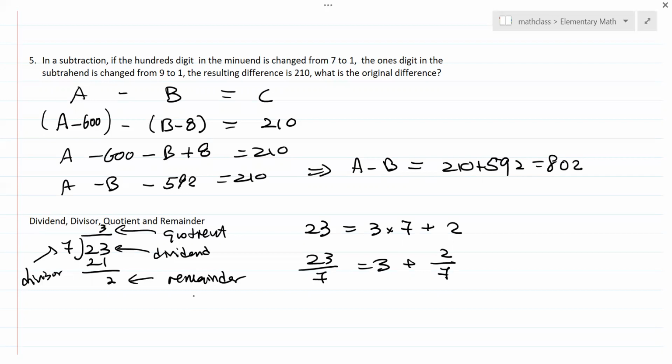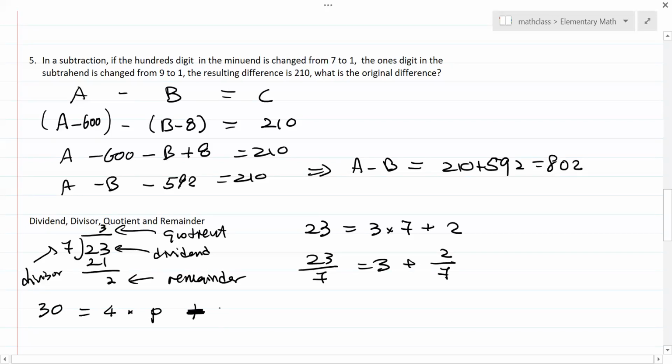if you divide 30 by some number p, and I write it in this form, that means 30 is divided by some number p, and you get a quotient of 4 and a remainder of 2, right?